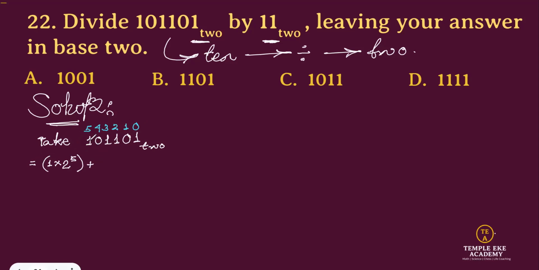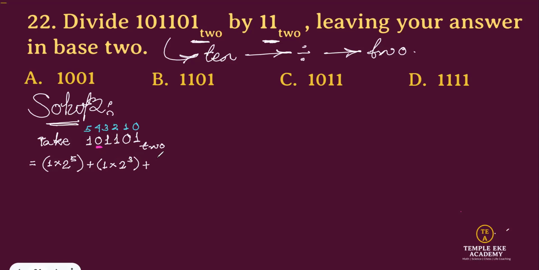The next digit is actually a 0, and 0 multiplied by any number gives 0, so the computation involving the 0 can be omitted. So let's go into the next digit, which is the 1 right there. We multiply by the base 2 raised to the exponent on that 1, which is 3.